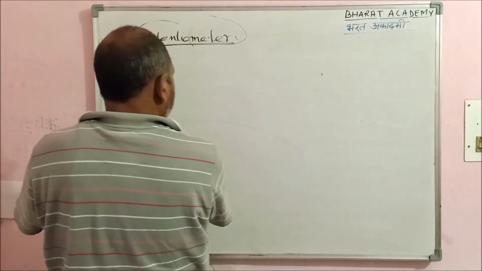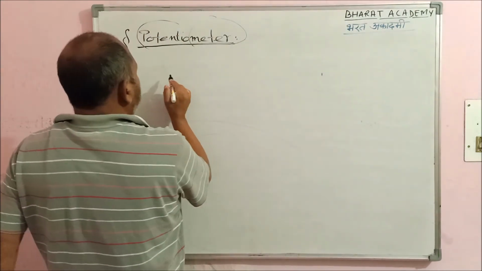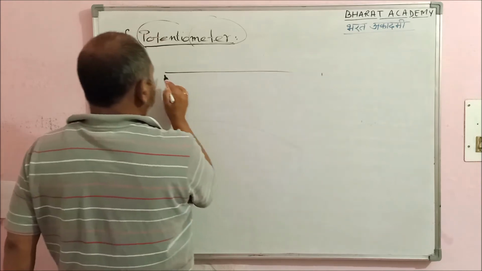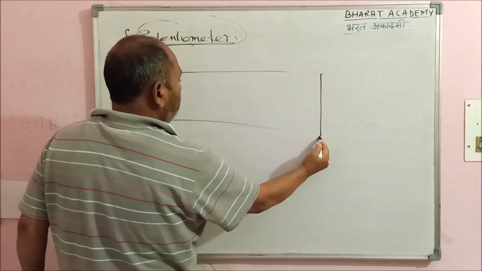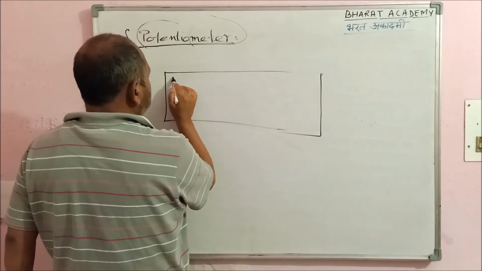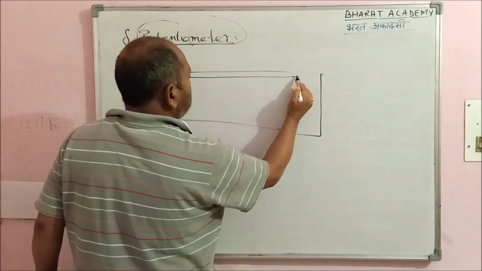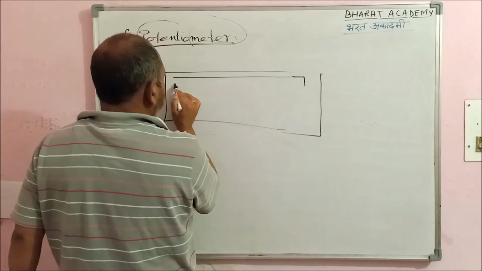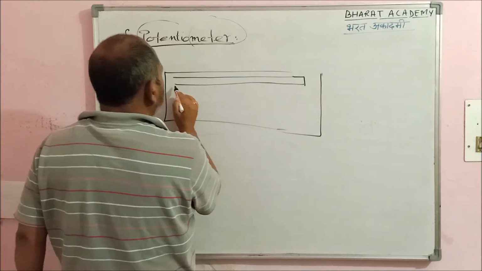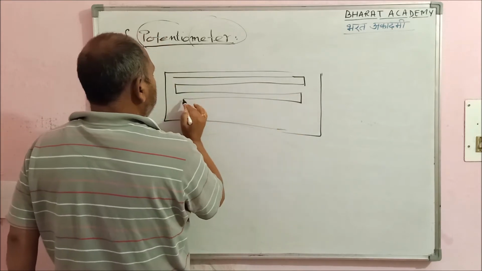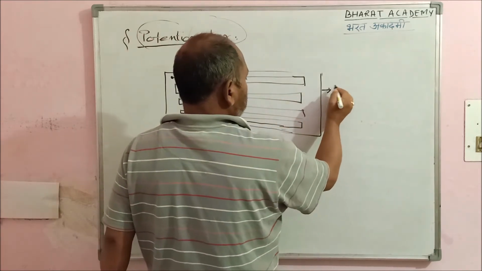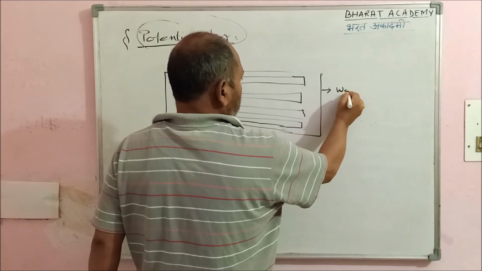It consists of a wooden block having a very large number of turns, you could say. Generally in lab we have got a 10 meter wire potentiometer, but it is not necessary. This is a wooden box on which this wire is fitted.